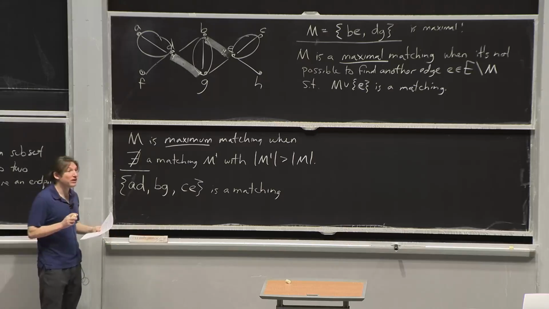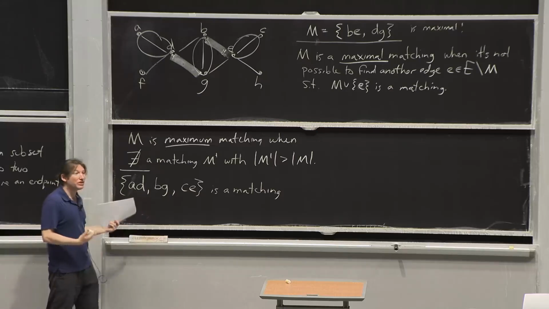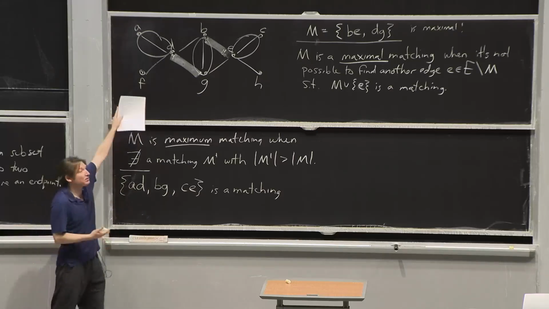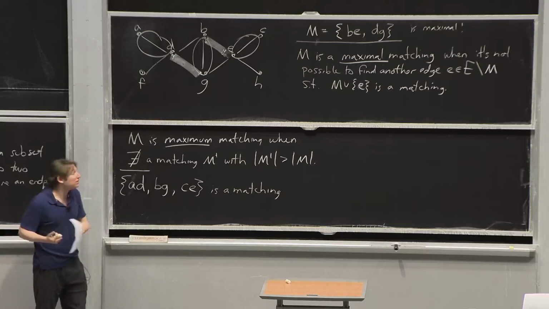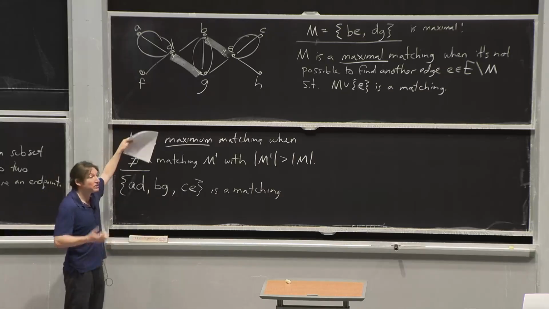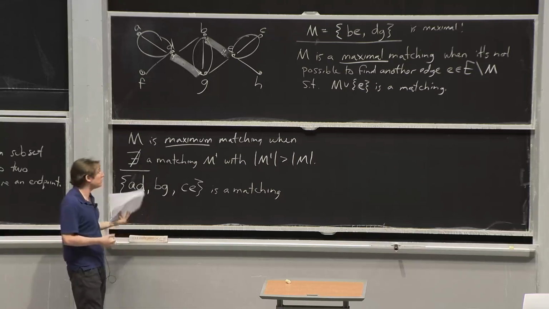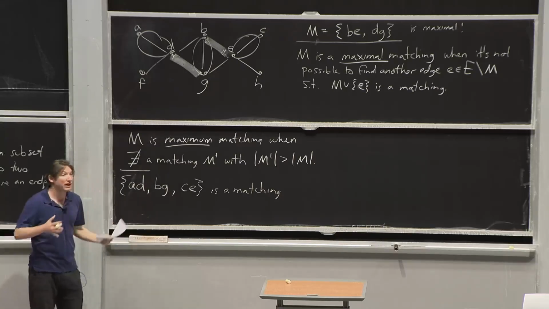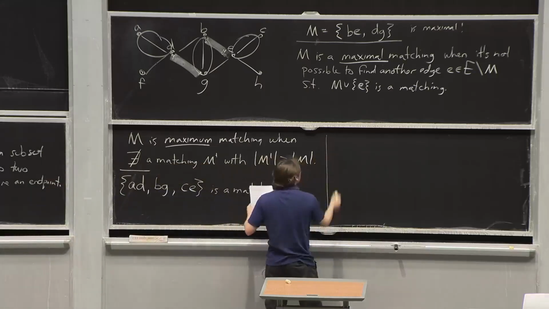Just a slight tweak to that. When we're asking if a matching is maximum, we're not really talking about adding to this specific matching. That's the maximal side of things. So instead of comparing to this particular matching, I just want to be able to prove that there is no bigger matching at all. So what would it mean for there to be a bigger matching?